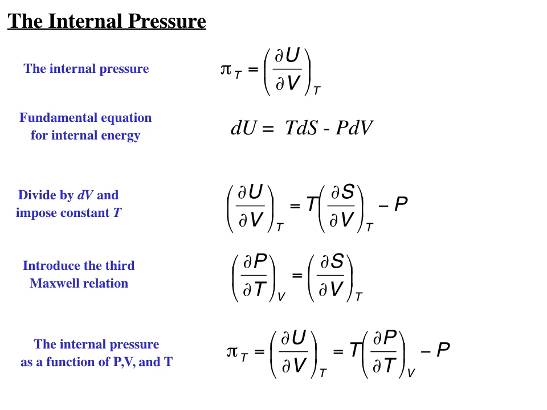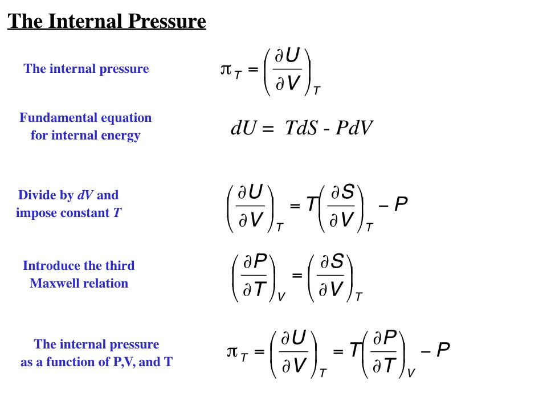Now, that might not seem very useful, but if I go to the third of my Maxwell equations, the one that was derived from the Helmholtz function, I learned that partial P partial T at fixed V has to be equal to partial S partial V at fixed T.